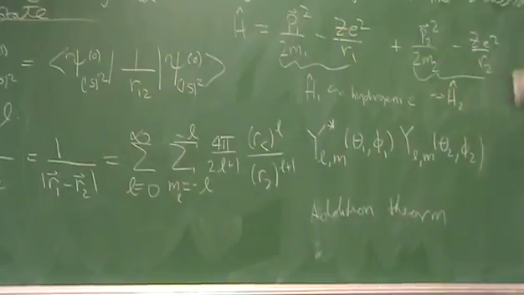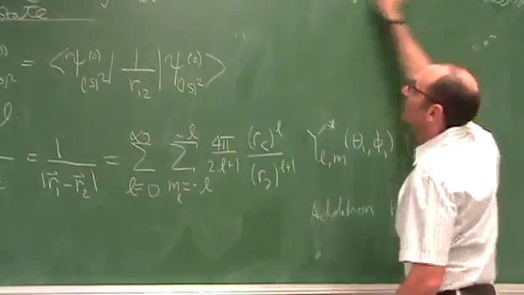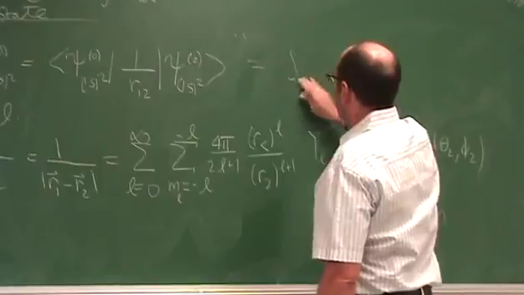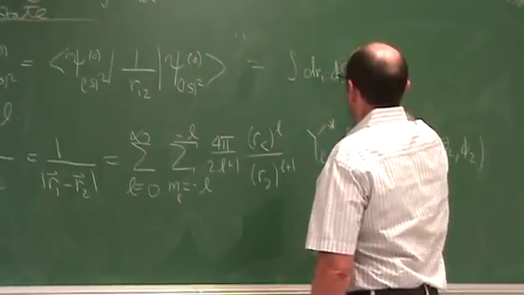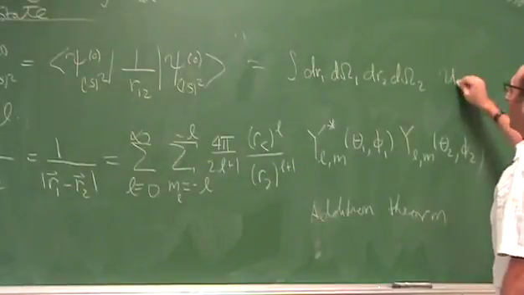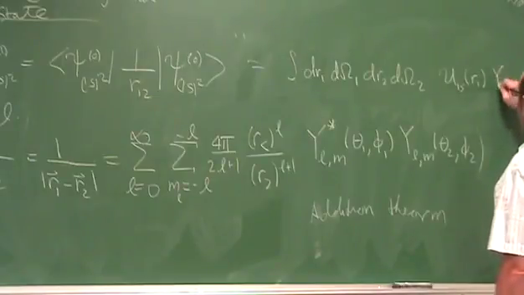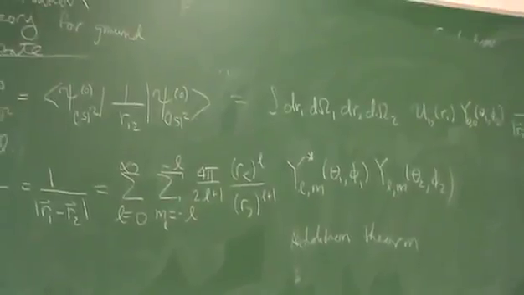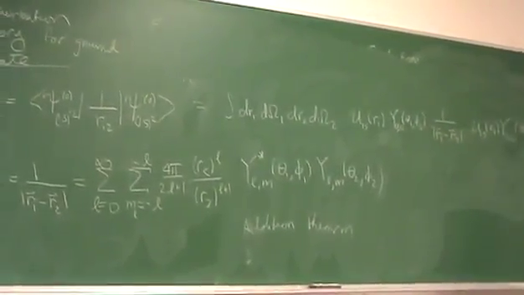Anyway, so once we do that, then we can plug in our psi. So we have the integral over 1 and 2, and then we have these orbitals in terms of reduced radial wave functions and spherical harmonics.